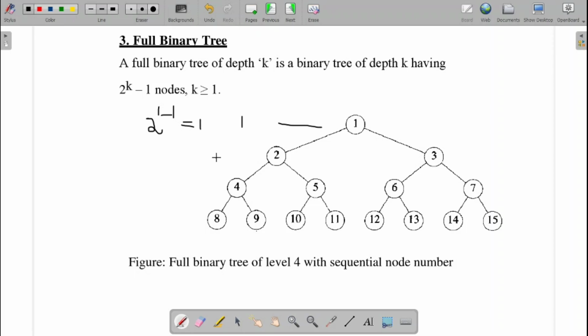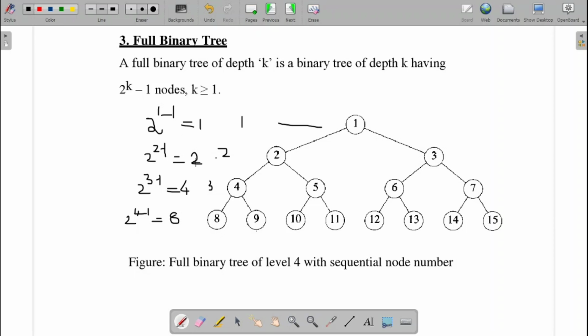The next one, level 2: 2 power of 2 minus 1, which is 2 power 1, equal to 2. Then level 3: 2 power of 3 minus 1, which is 2 power of 2, equal to 4. Then level 4: 2 power of 4 minus 1, which is 2 power of 3, equal to 8.